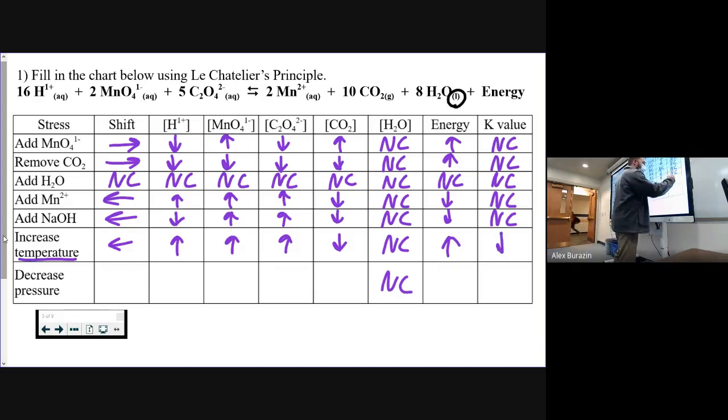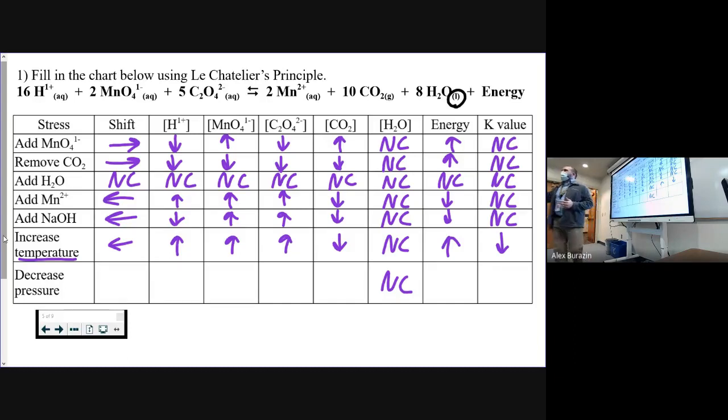Now, be very, very careful. This is where kids like to go on autopilot. If you increase temp or decrease temp, that does not tell you how K is going to change. If this were endothermic, where the energy is on the left-hand side or the reactant side, an increase in temp would increase K. So you cannot assume that a change in temperature affects K the same way every time.